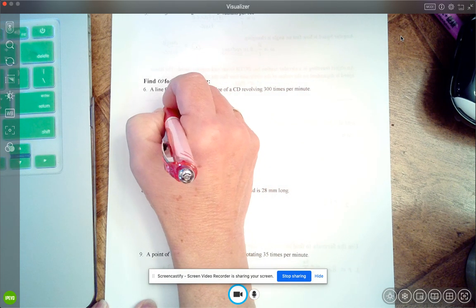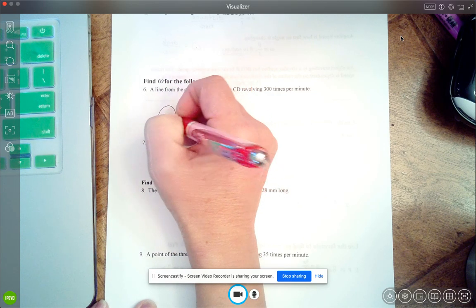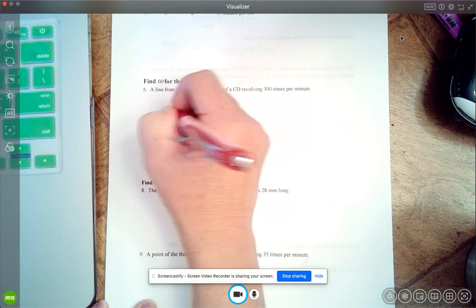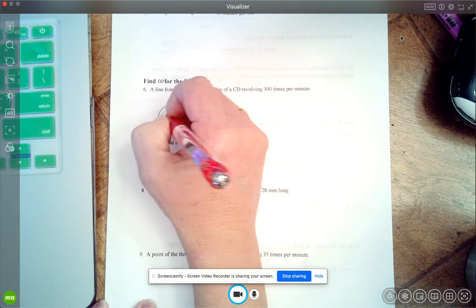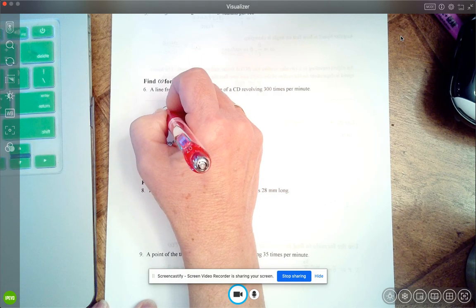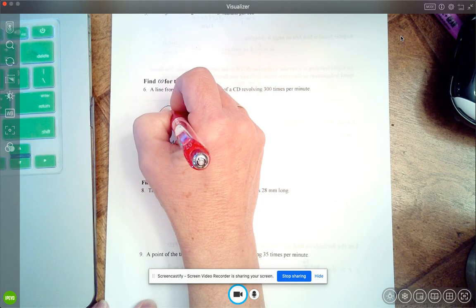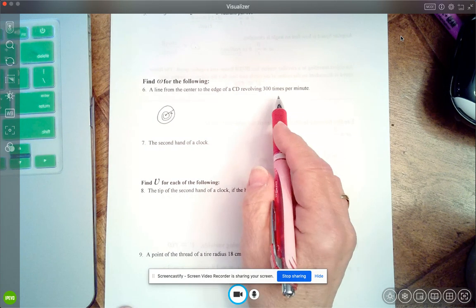So I have a CD, and I want to know from the center to the edge how far that is. And I know that this is revolving, and I am told that it is revolving 300 times per minute.